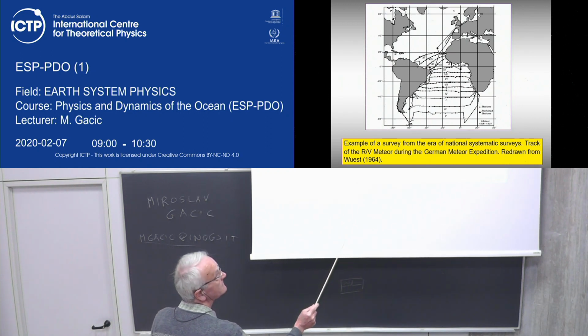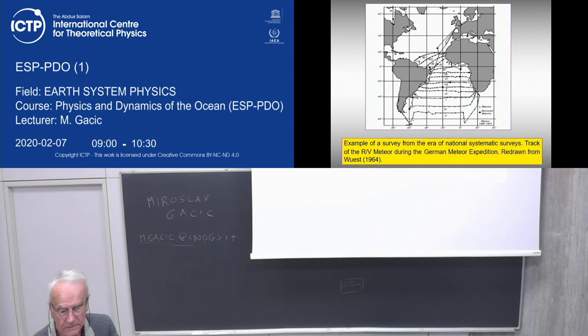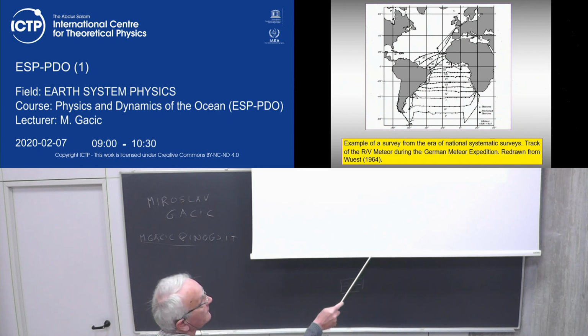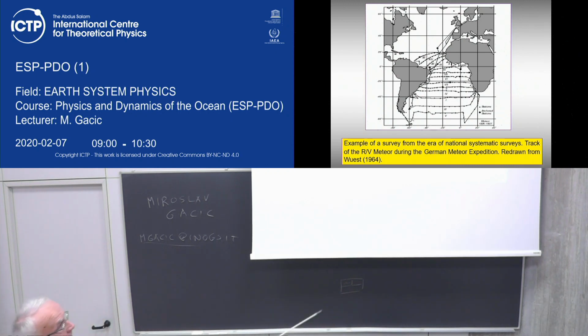You see all these points? These are the measurement points, where the ship stopped and measured temperature and salinity from the surface to the bottom. Obviously, it took about 3 years.